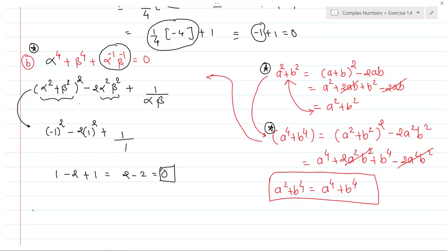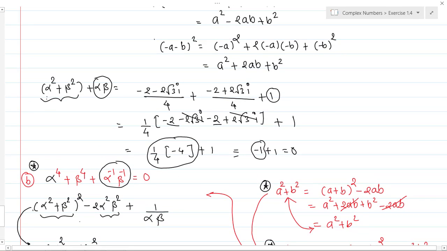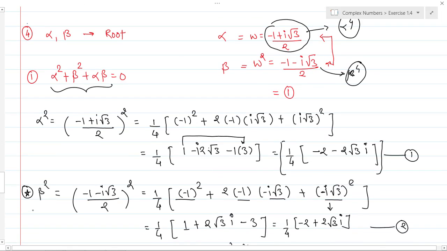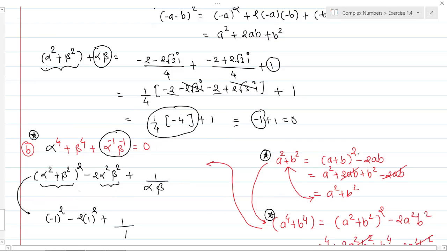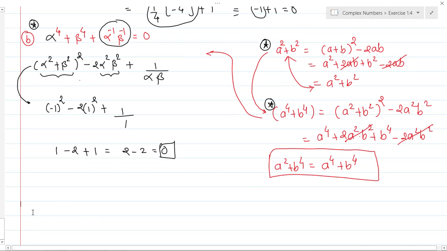These types of conversions are very important. Another method I told you is that you can separately calculate alpha to the power 4 and beta to the power 4, no problem, but it will definitely take time and will be a 2 or 3 page solution. Be smart. Is it okay? Perfect. So now let's see the next question, question number 5.